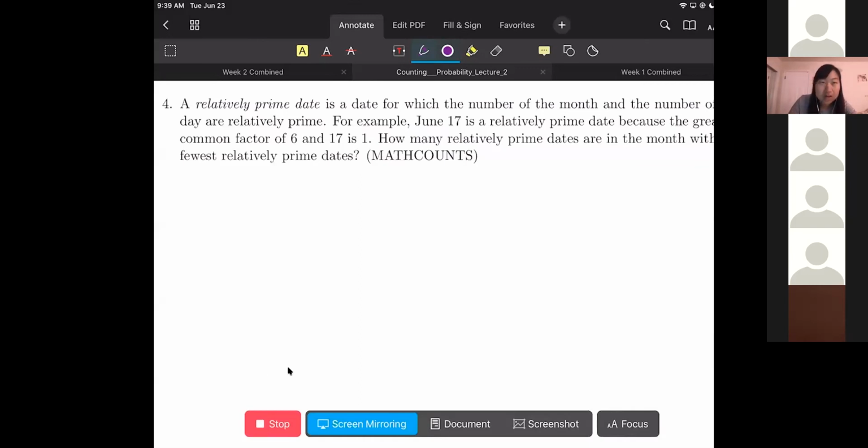Well, maybe we could start by looking at the months that have a prime number, and try to see which days in those months would pair to give us the greatest common factor of 1. Yeah, so we want to find the month that has the fewest relatively prime dates.